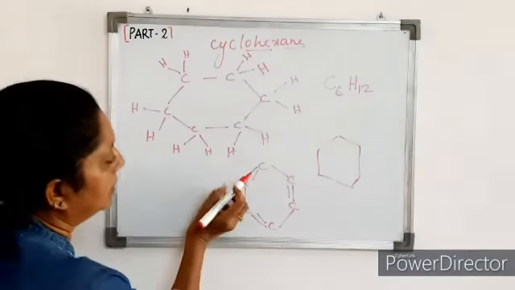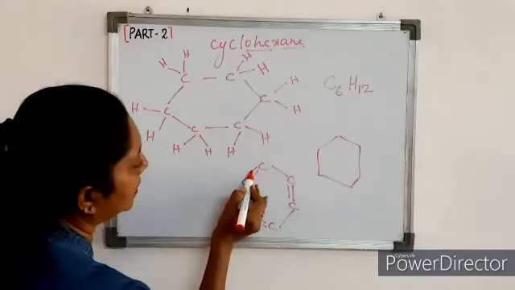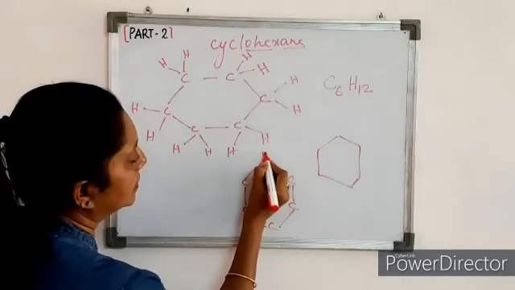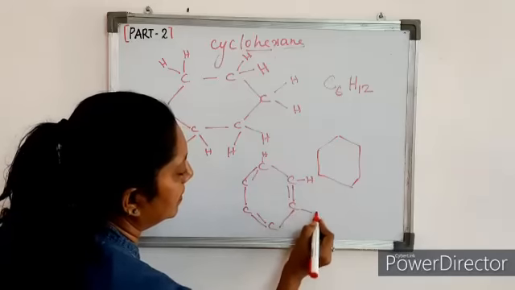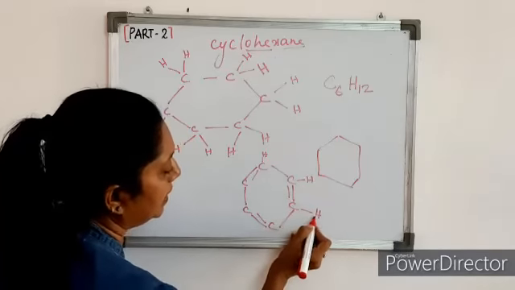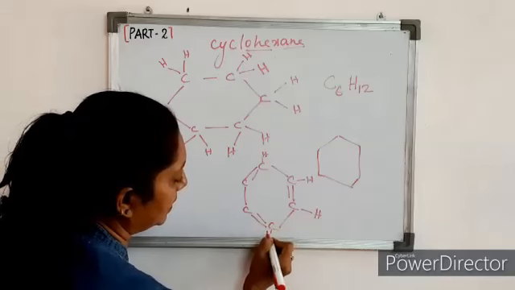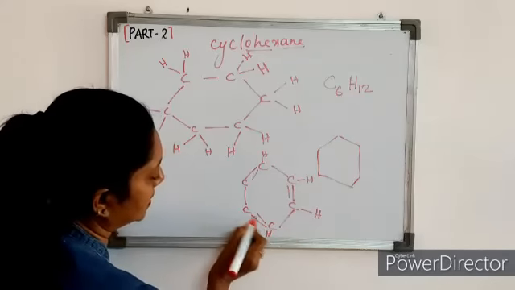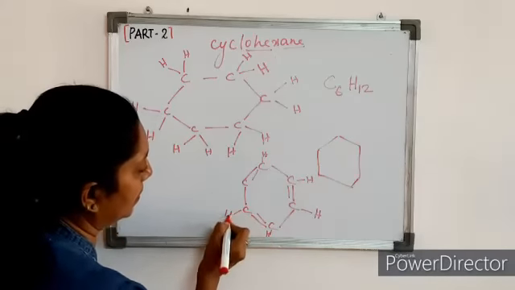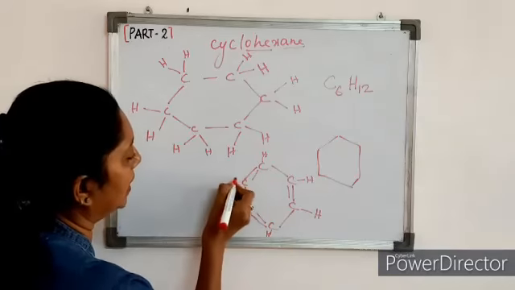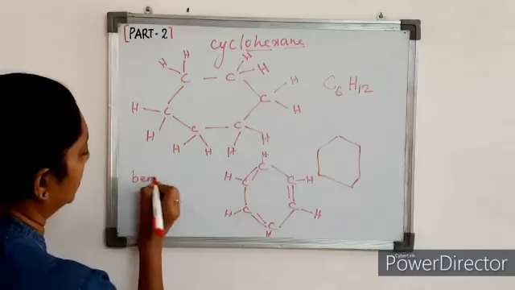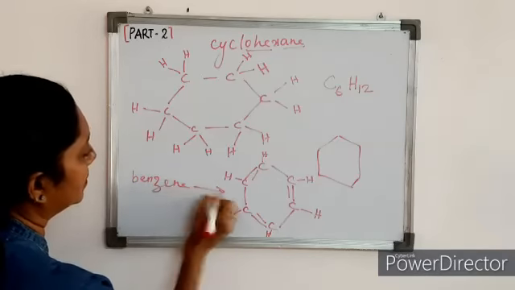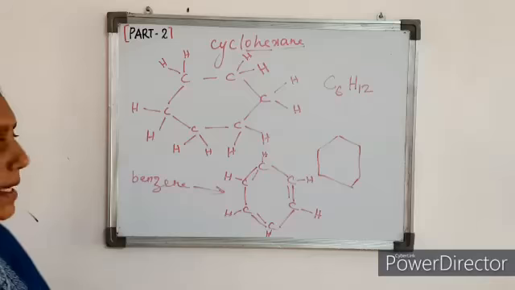Look at this valency, 1, 2, 3, and the valency is completed with a hydrogen atom. For each carbon atom, 1, 2, 3 and 4. This is our benzene molecule. Okay, this molecule is benzene.